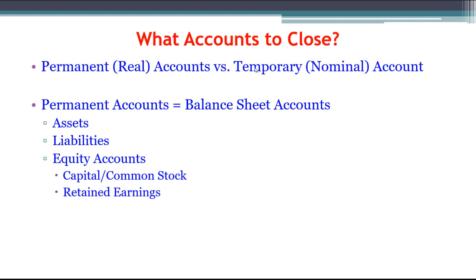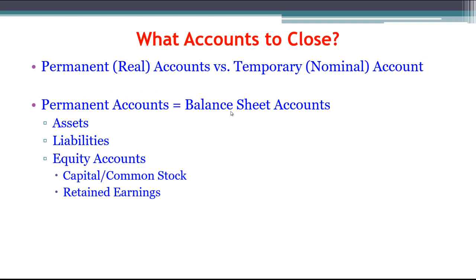So we talked briefly at the beginning, what accounts are we going to close? So we have the permanent accounts, which are known as real accounts, sometimes even balance sheet accounts. Those do not get closed. We have the temporary accounts, sometimes known as nominal accounts or income statement accounts. Those do get closed.